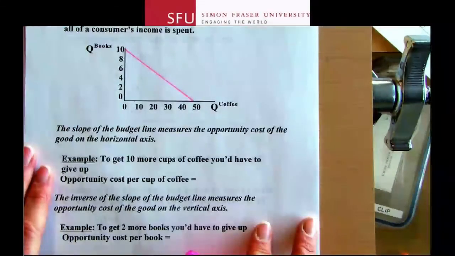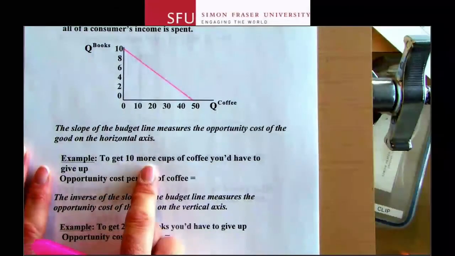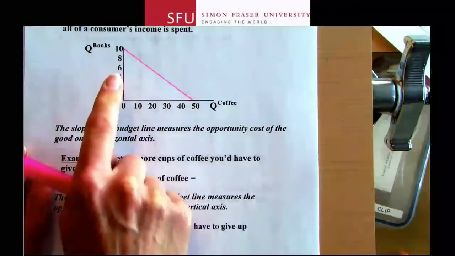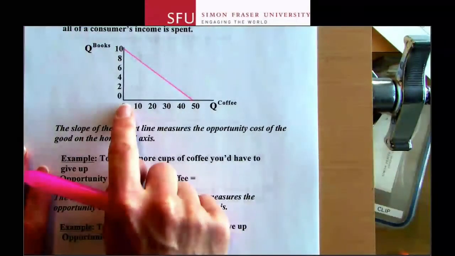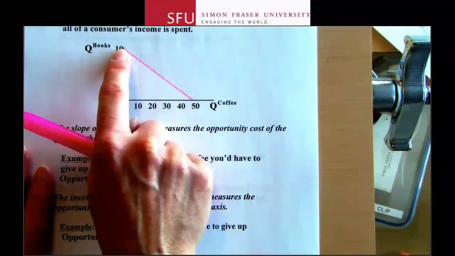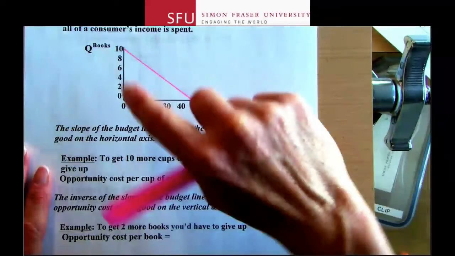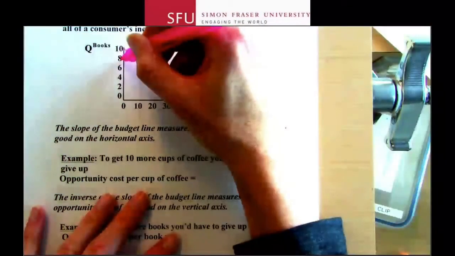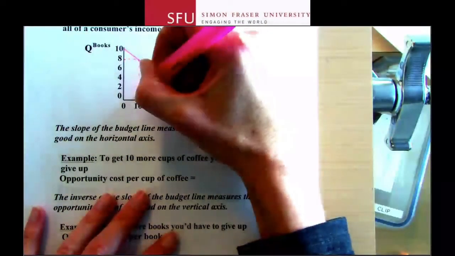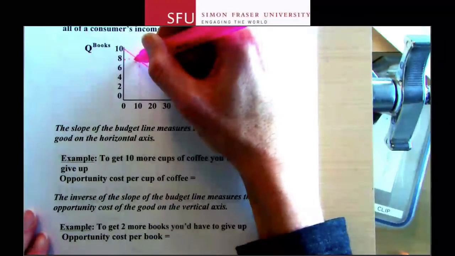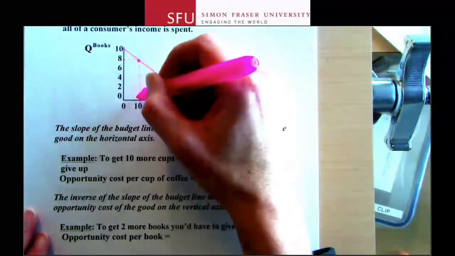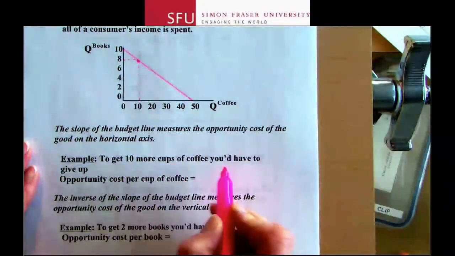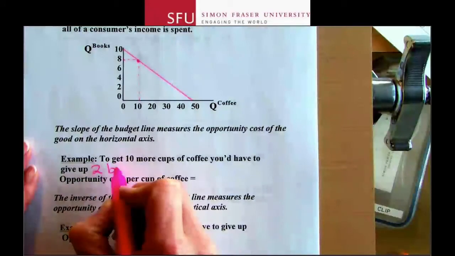Okay, so for example, to get 10 more cups of coffee, you have to give up... So if you want 10 more cups of coffee, so along, say from here, starting at 0 coffee to 10 coffee, which is here, then you have to give up 2 books, right? To get 10 more cups of coffee, you'd have to give up 2 books.